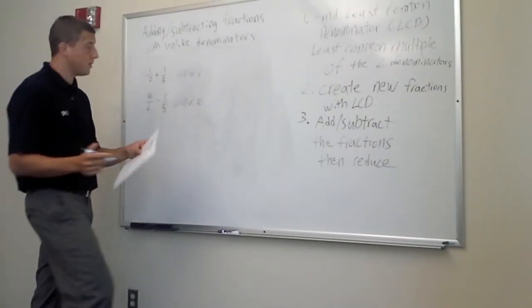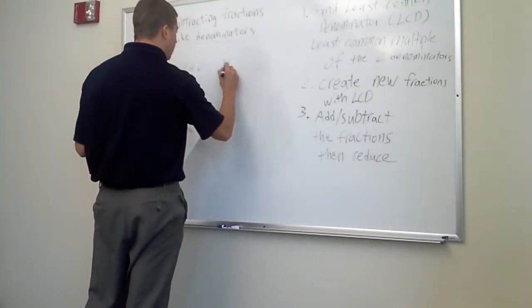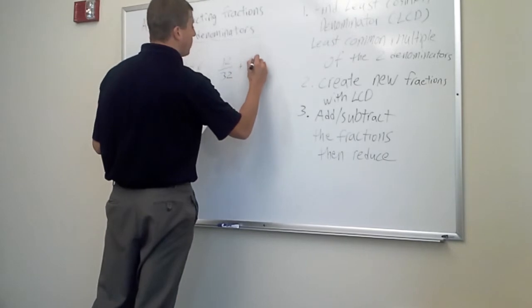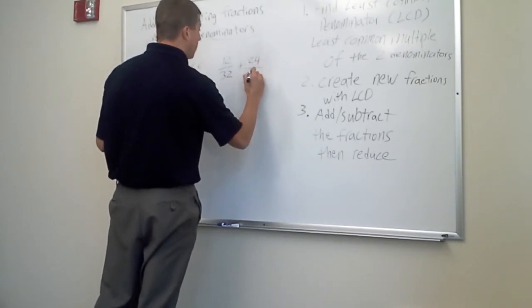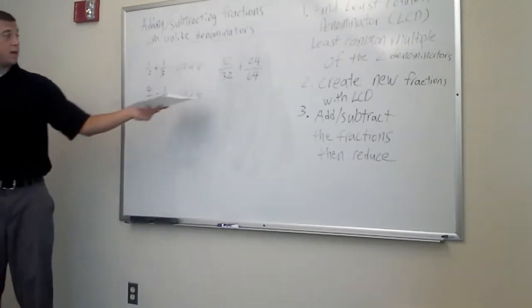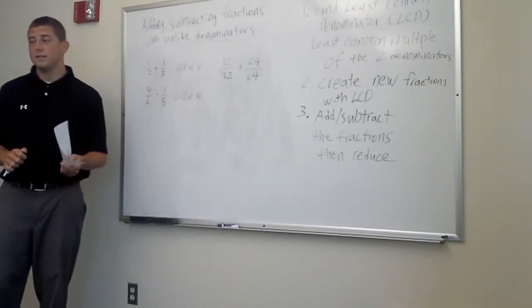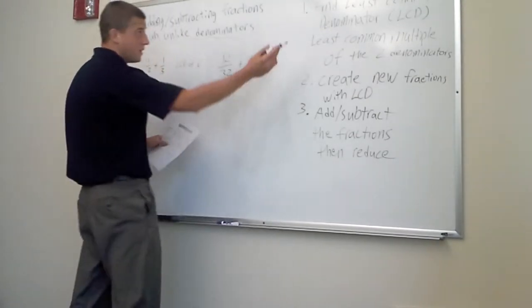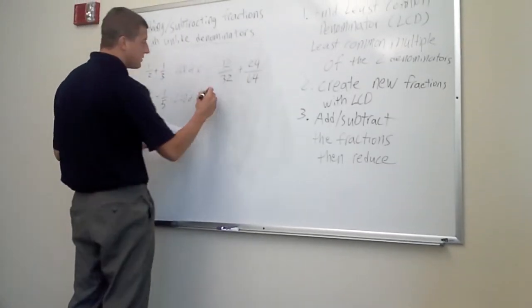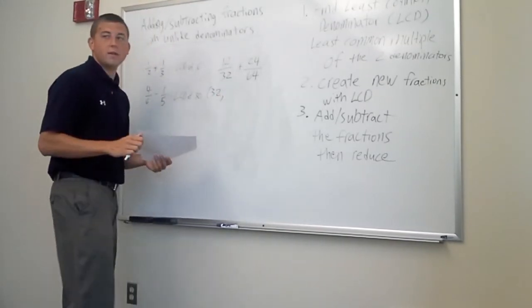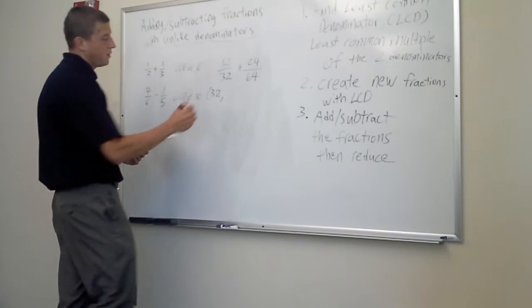Because say I were to give you a problem like 12 over 32 plus 24 over 64. Now, are you guys going to multiply 32 times 64 to find your LCD? I didn't think so, because I'm not either. But if you were to use our technique here and just find the multiples, what's 32 times 2? 64, right?